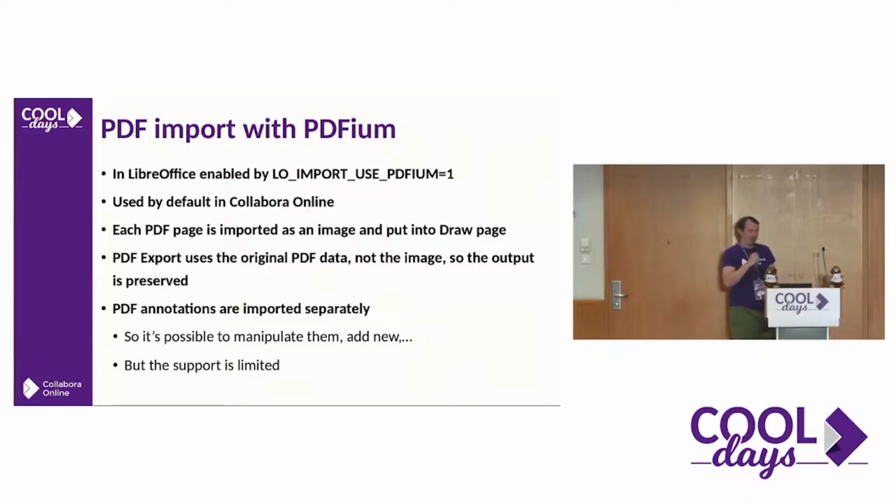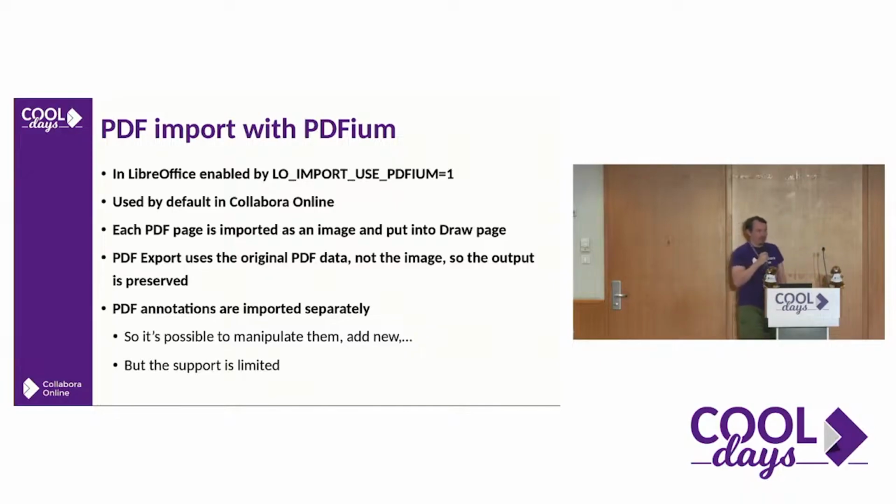So when you later export this document, it will take this PDF data, not just the image, and recreate the PDF in its original form, and everything should be preserved.